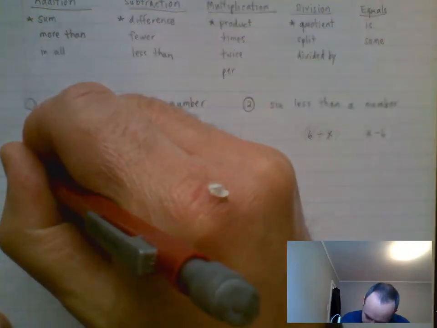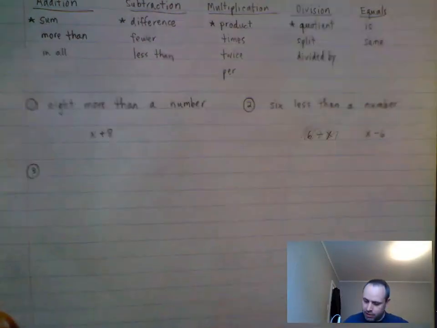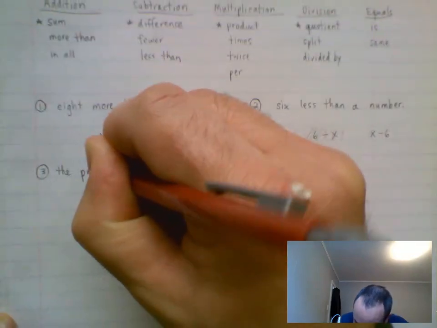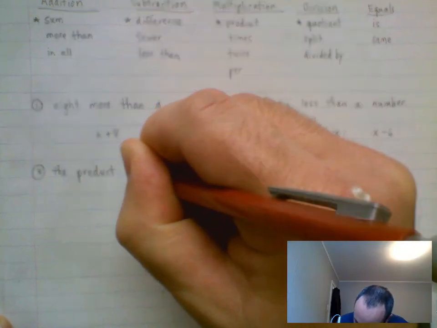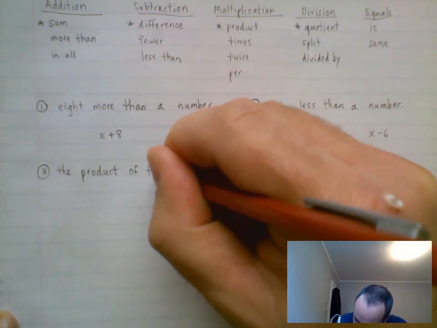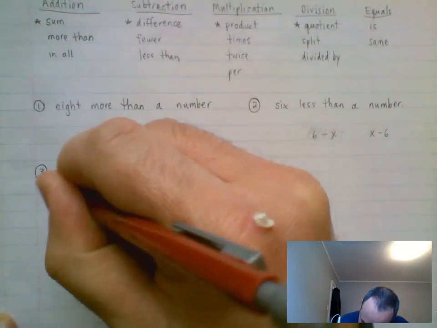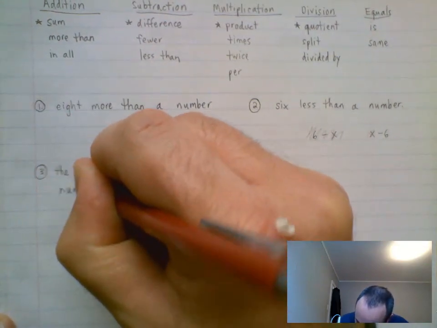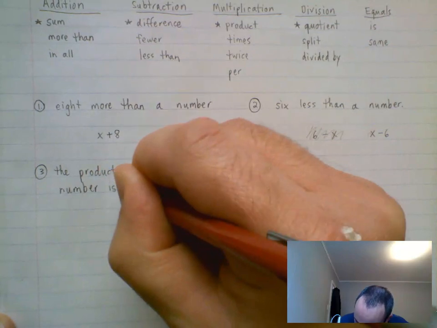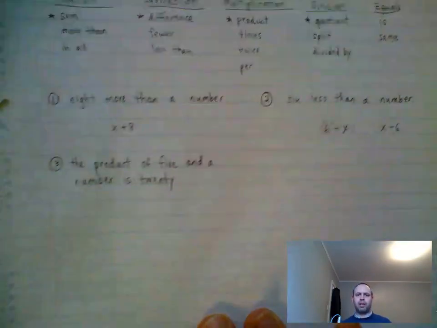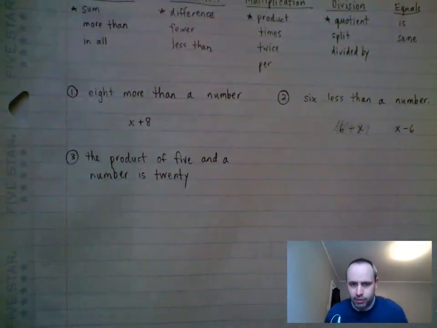All right, number 3. Let's say the product of 5 and the number is 20.